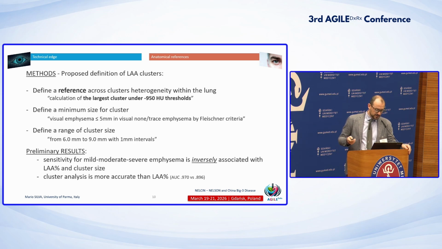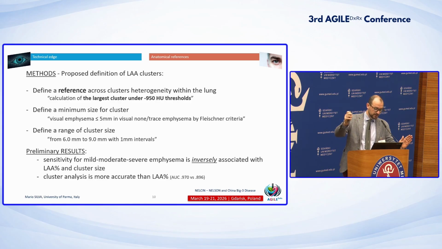So of course, it includes some reasoning and some complexity, some more methods, boundaries that we have to have along our pathway towards this abstraction of the quantitation of the emphysema in the lung. What we did in this study, which comes from the iDNA group and examines CTs from the Nelson and China BIG3 trial, was define a reference for the minimum cluster of the disease.